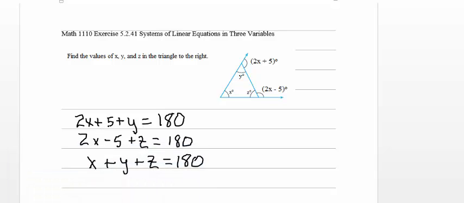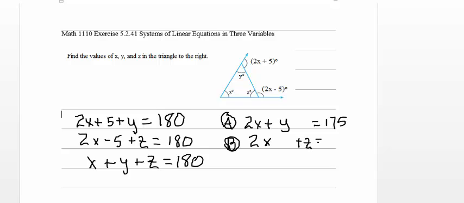So in this first equation, let's subtract 5 from both sides to get 2x plus y equals 175. And in the second equation, let's add 5 to both sides to get 2x plus z equals 185.